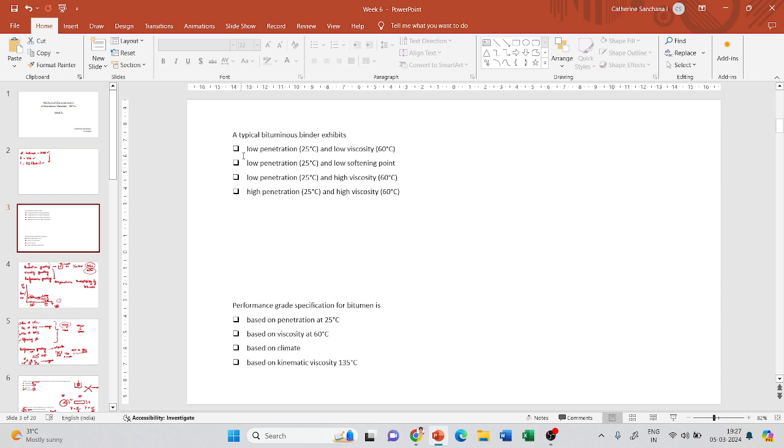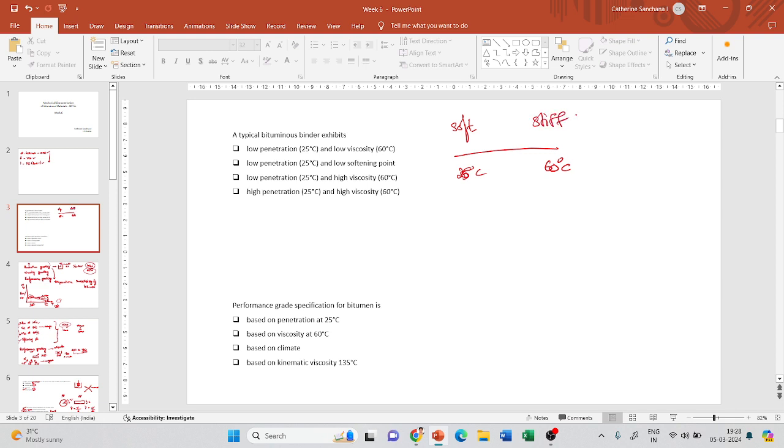And now a typical bituminous binder exhibits... If you see, what do you actually expect the bitumen to have? At low temperatures it should be soft, and at high temperatures it should be stiff.